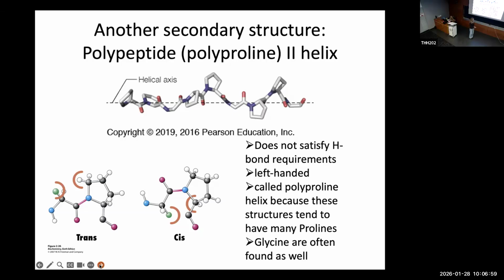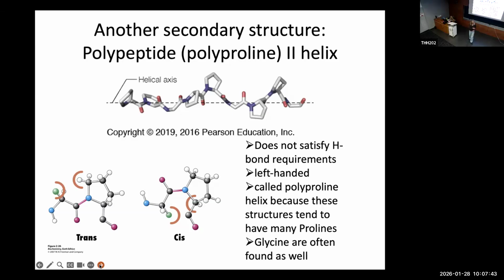Prolines have this ringed structure where the side group comes back and forms a covalent bond with the backbone. That forms a bend in the backbone, and they call it a kinked structure. If you have multiple of those in a chain, it turns the backbone a bit, in a left-handed way. It's a little hard to see here.